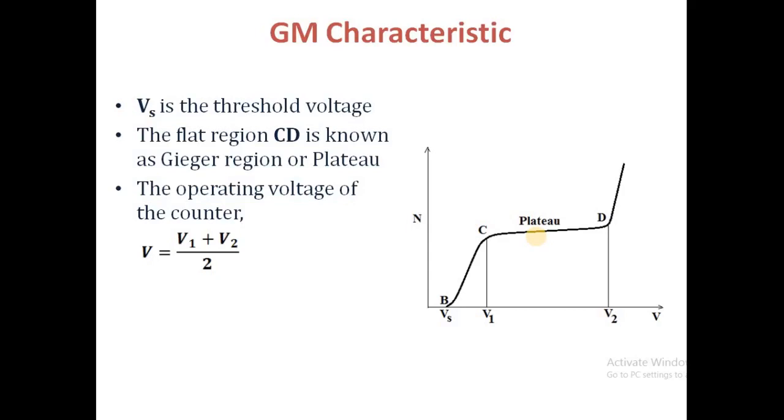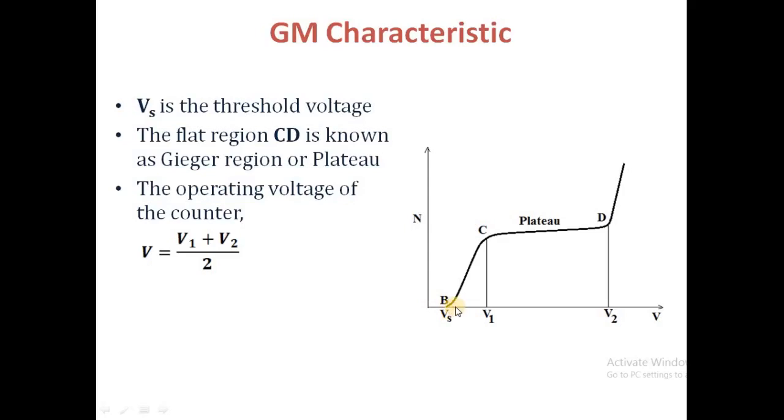If a GM counter tube is exposed to a source of constant radiation intensity and the rate of counting is recorded as a function of the applied voltage, a graph is obtained which is known as the characteristic curve for the counter. The nature of such a characteristic curve is shown here in the figure.